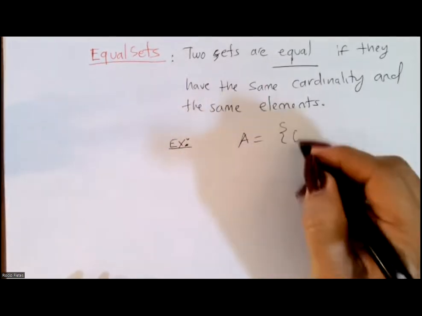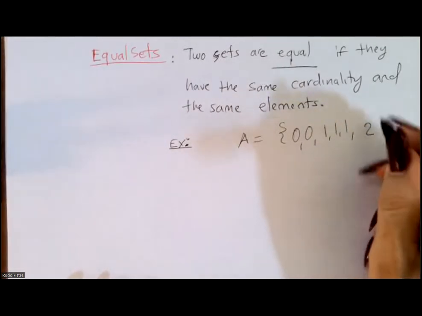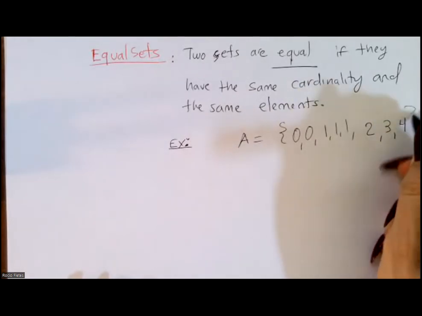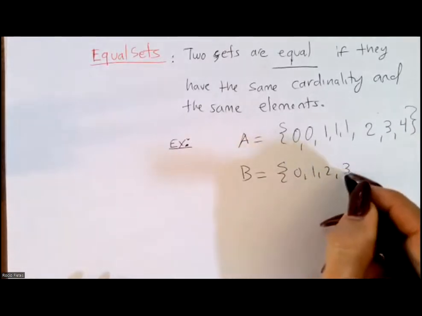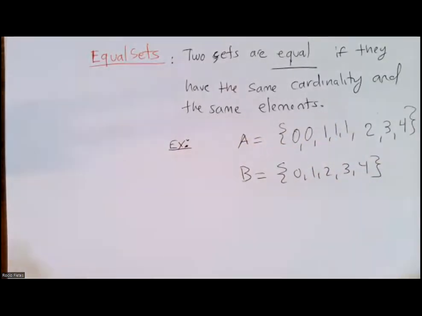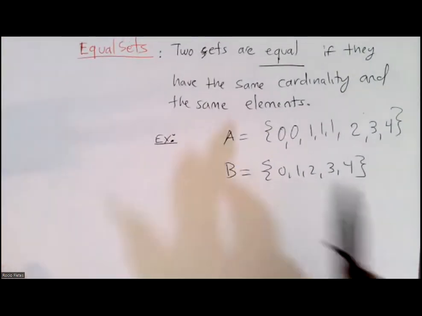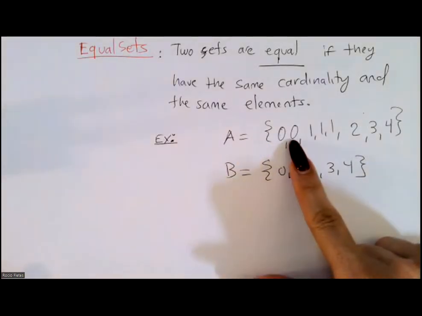A equals 0, 1, 2, 3, and 4. And B equals 0, 1, 2, 3, and 4. Notice that they have the same elements, 0, 1, 2, 3, and 4, and they also have the same cardinality because you don't repeat these numbers.